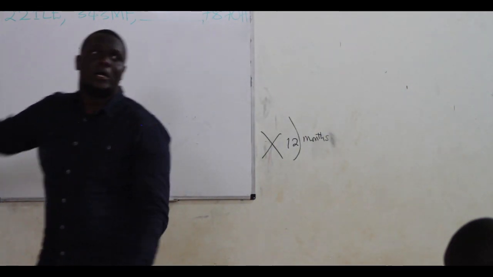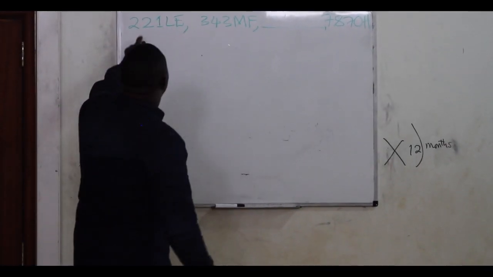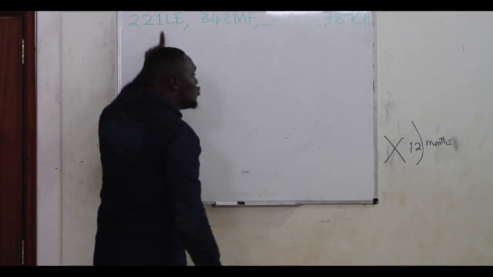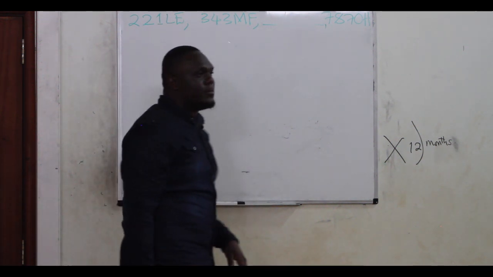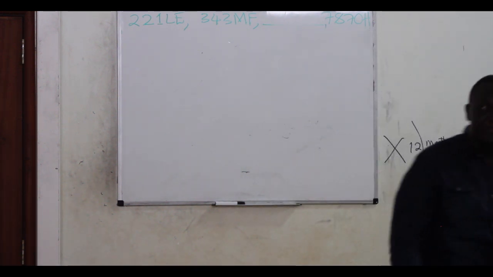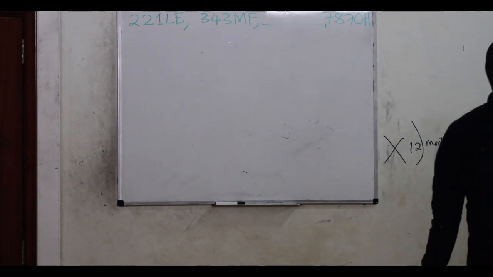Look at the relationship between the first numbers. If you cannot get a relationship between the first numbers, you do what I told you: take the 2 numbers. If there is no relationship between the 2 numbers, you're in trouble, because that means you're now supposed to think out of the box and attempt such a question.